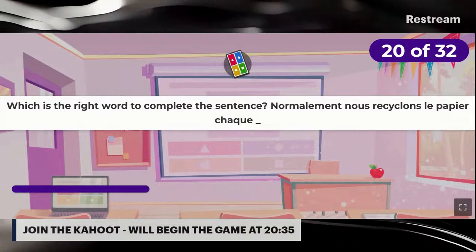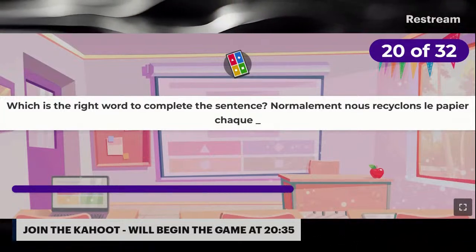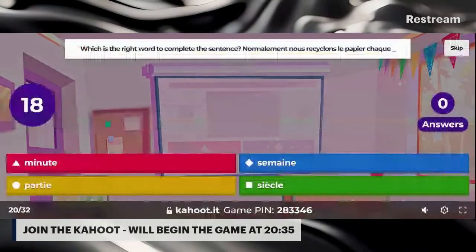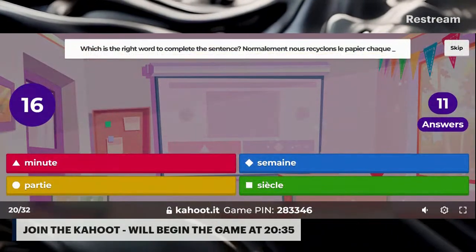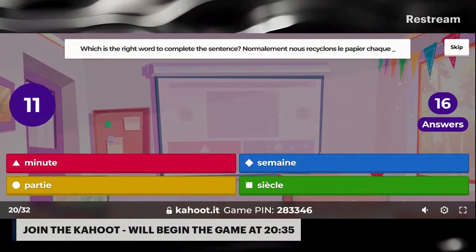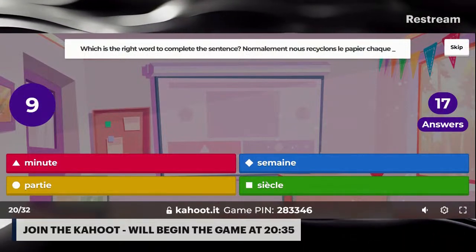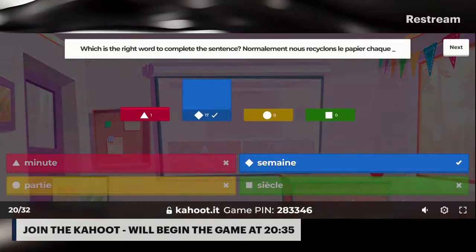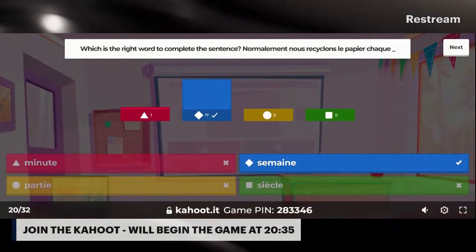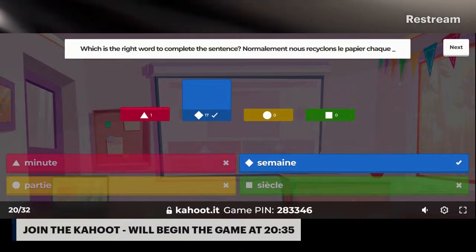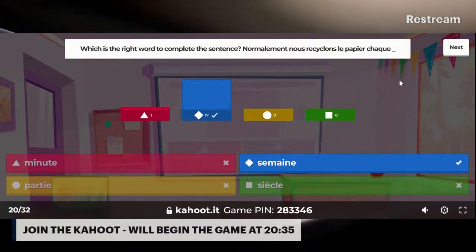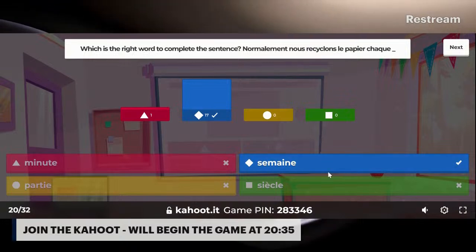What is the right word to complete the sentence? Normalement, nous recyclons le papier chaque minute, semaine, partie au siècle. Okay, so minute is minute, semaine is week, partie is part, and century is siècle.